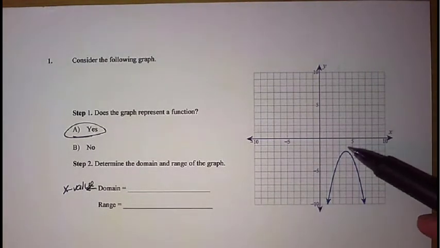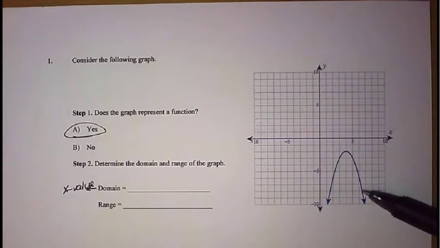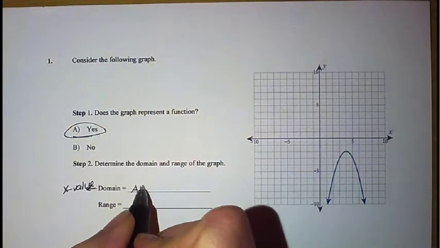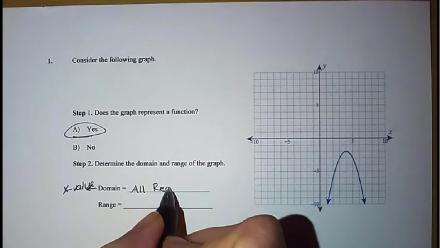And then if I think about the other direction, as this continues to drop and go out this way, again it might take a while to get out here to some of these larger x values, but it'll eventually get there because it is continuing down and to the right forever. So the domain here would be all real numbers.